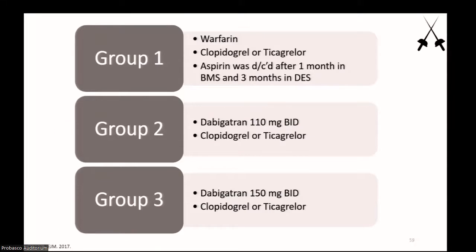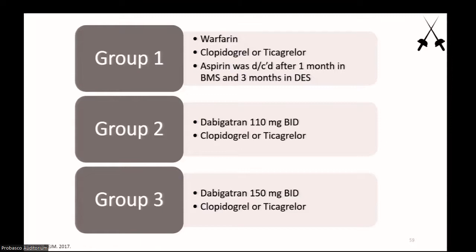So these are the 3 groups of patients who were randomized in a 1-to-1-to-1 fashion. The first group was the standard triple therapy with warfarin, clopidogrel, or ticagrelor plus aspirin. The aspirin was discontinued after 1 month in bare metal stents and 3 months in drug-eluting stents.